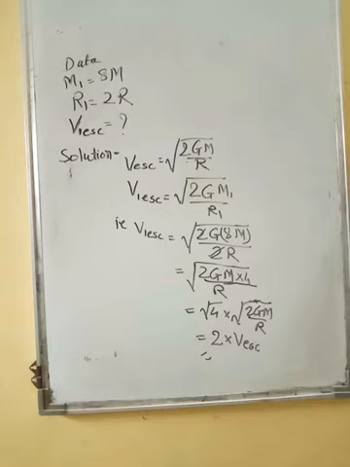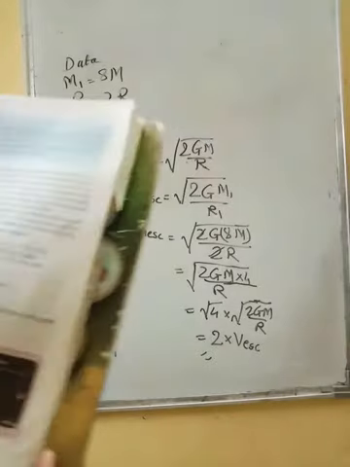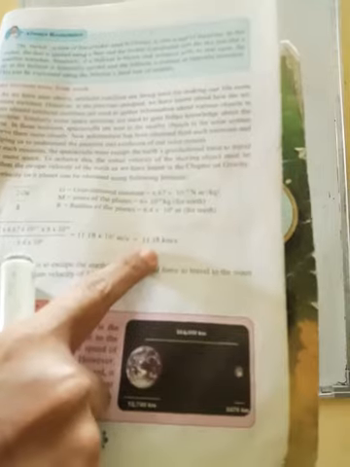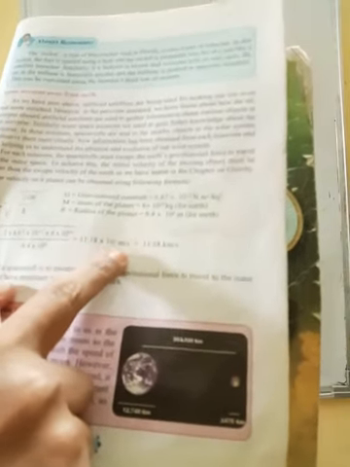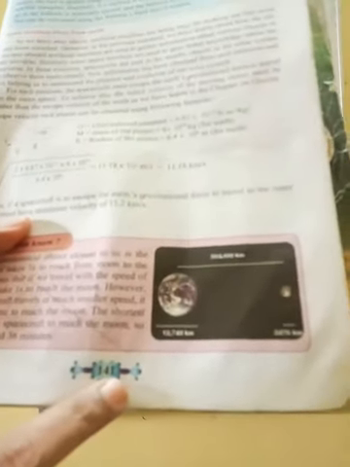Nobody remembers? Here you have the escape velocity equal to square root of 2gm upon r, and the calculation's answer is given, you can see it here. It is 11.18 into 10 raised to 3 meter per second. It is page number 141.